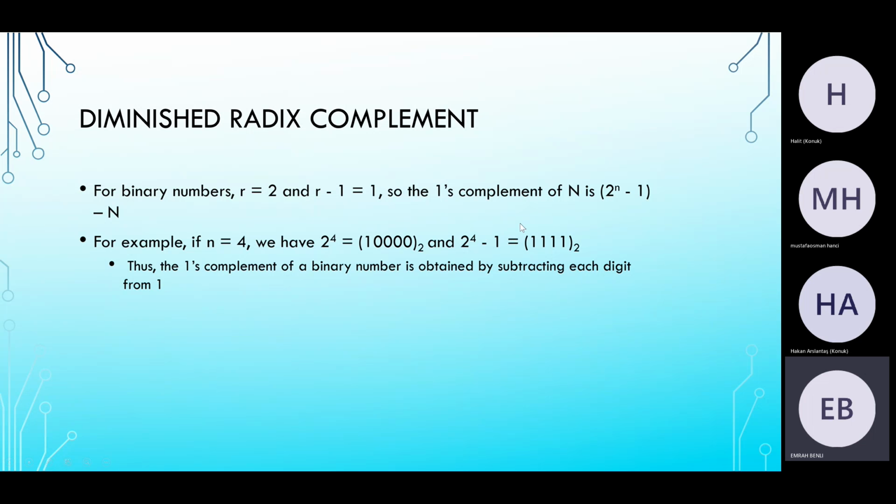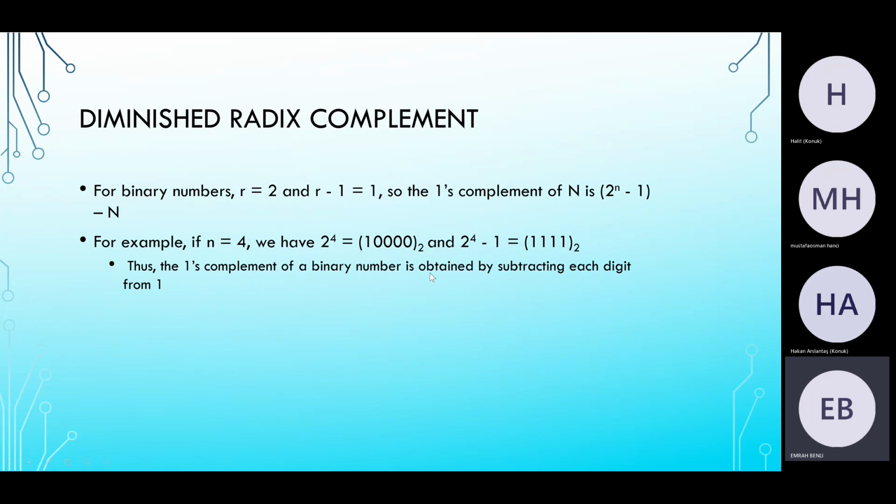So what we are doing is this number, which is here, minus n, and we get this. We are going to subtract number n from this.